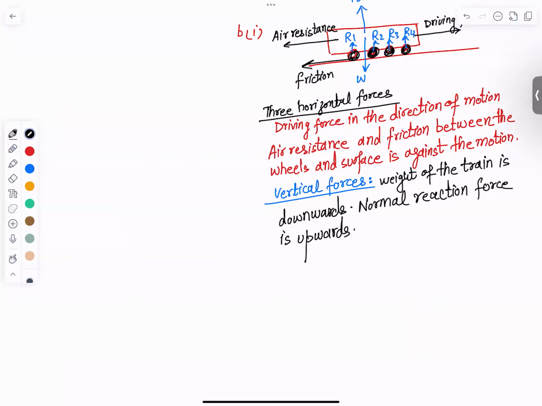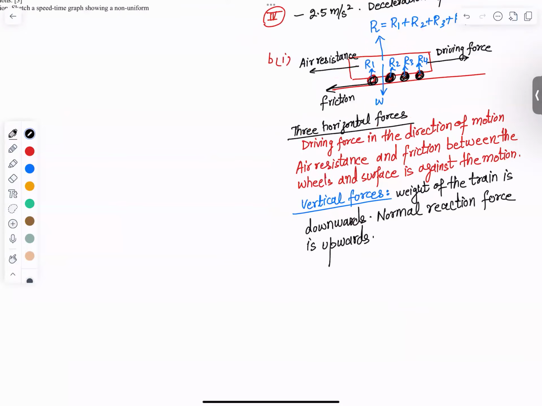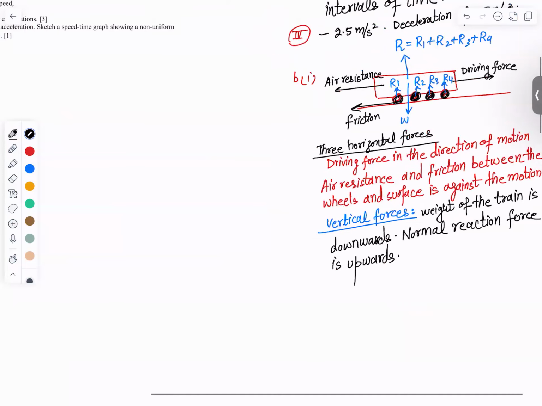Weight of the train is acting downwards, while there is not a single normal reaction force. Every wheel has a normal reaction force, and we can add all of them.